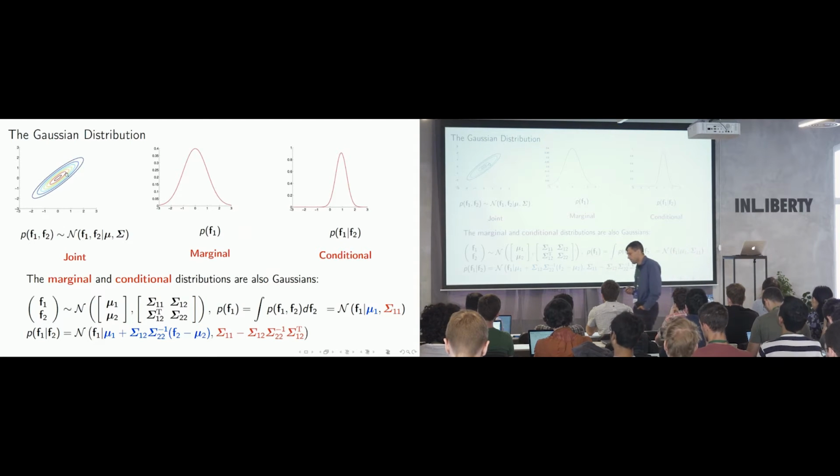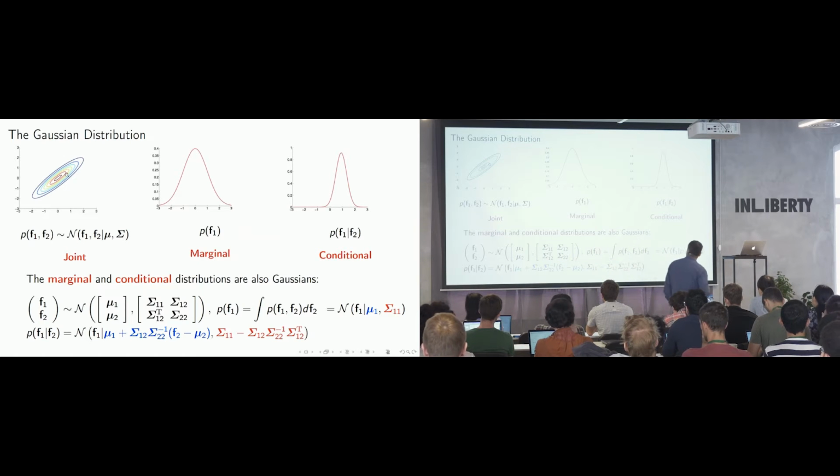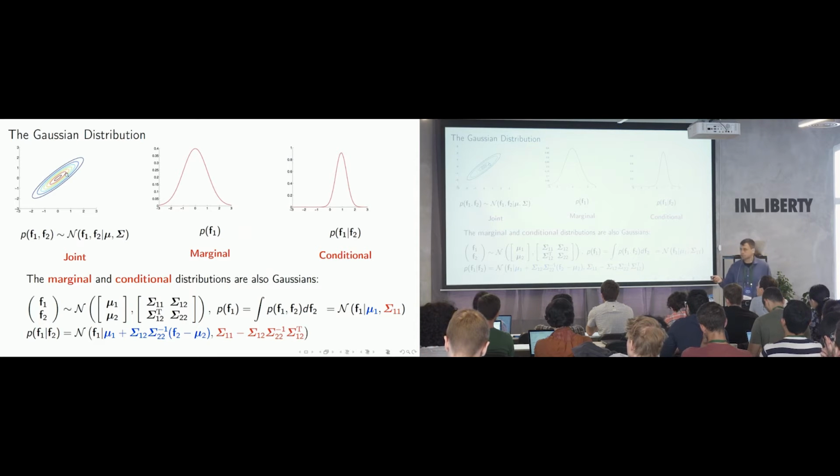one of the most important formulas which we will use throughout this lecture is this well-known property of the Gaussian distribution. The idea of this property is very simple. We have a multidimensional Gaussian vector here, and we divide this vector into two subvectors, f1 and f2.